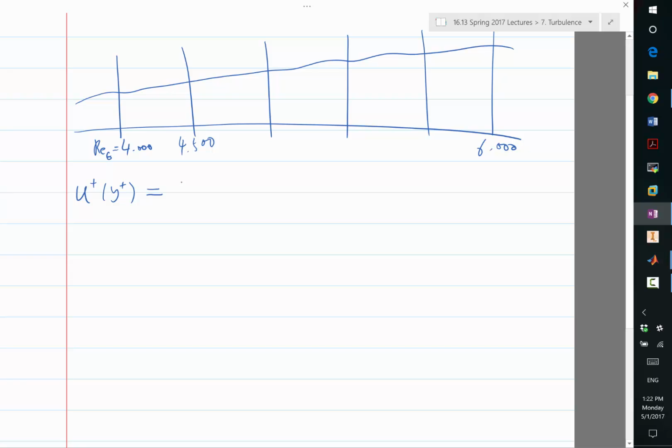It is equal to U plus Spalding, so that's the Spalding profile as a function of Y plus, plus a modification that works on the outer part of the boundary layer. So that is a value A that is yet to be determined, times a function W of Y divided by delta.